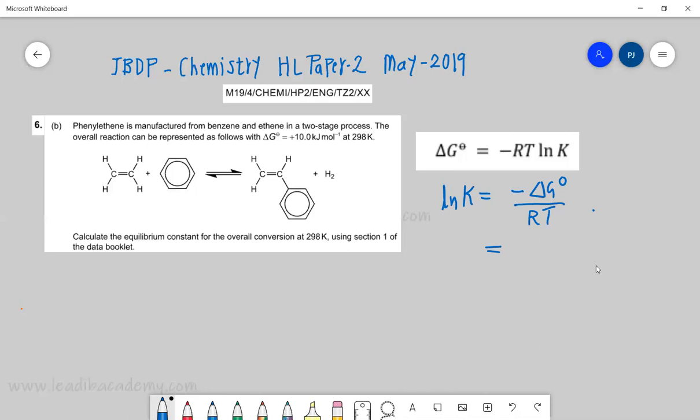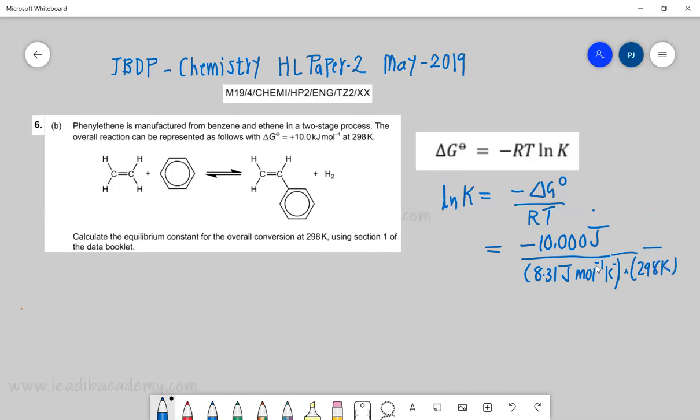We need to be careful to convert it into joules, SI units. Then comes R, which we know: 8.31 joules per mole per Kelvin. And then temperature, that is 298 Kelvin.